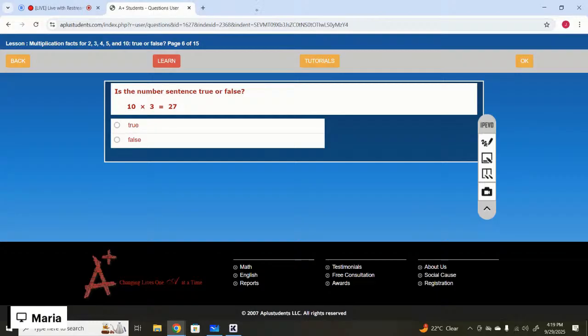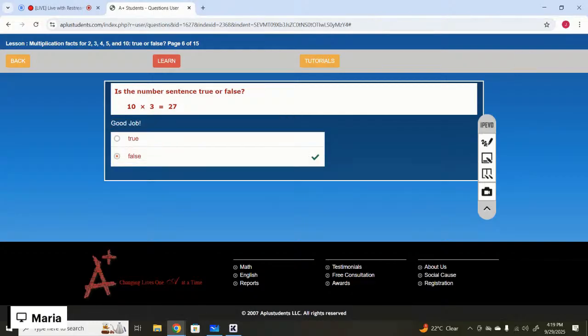Ten times 3 equals 27. Yes, false it is. Option number 2 is the correct option.